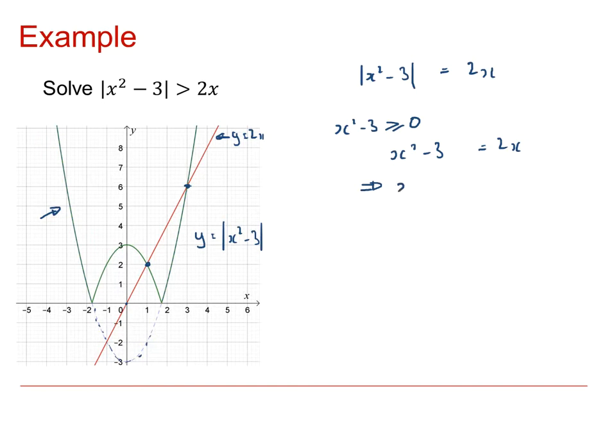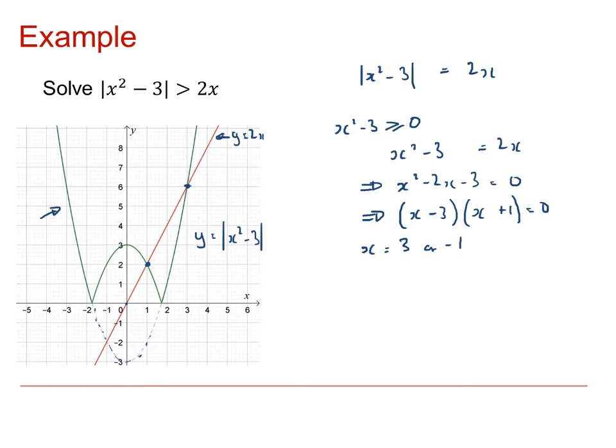That means that x squared minus 2x minus 3 is equal to 0, which gives us a quadratic that factorizes as x minus 3 and x plus 1 equal to 0. So that gives us a value of x equal to 3 or negative 1.